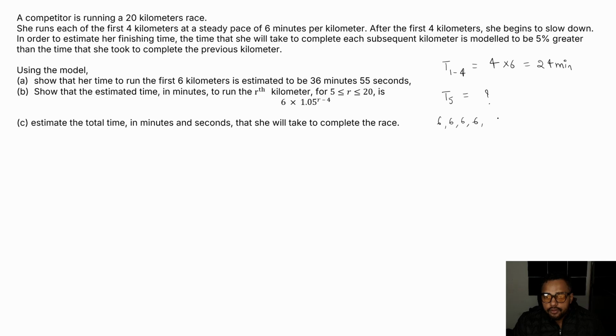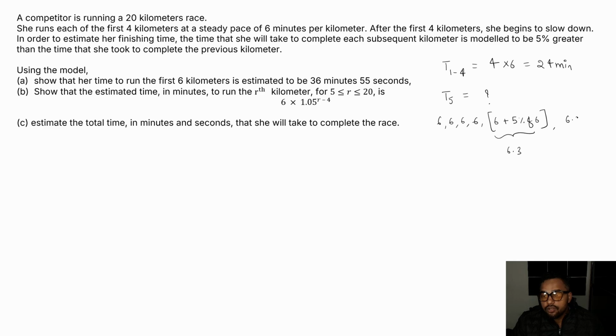But for the fifth time interval, we need to calculate it like this: 6 plus 5% of 6. So we get this value as 6.3. Now again for the sixth kilometer, what will be the value? Again, this 5% increment will be applied on the 6.3.